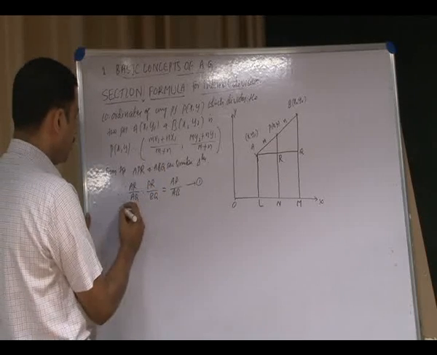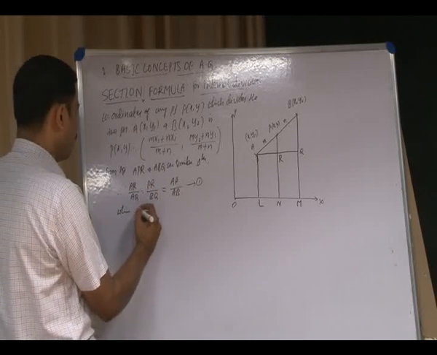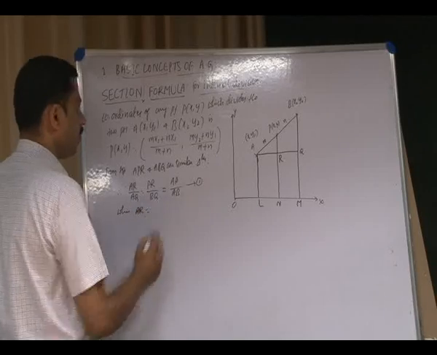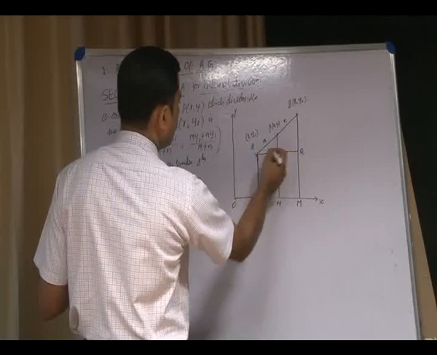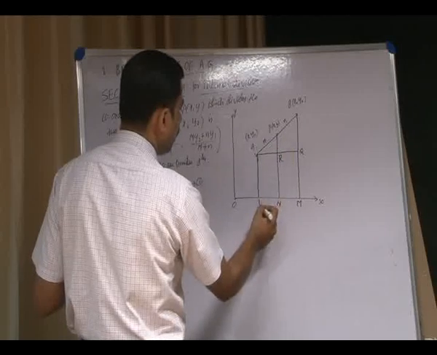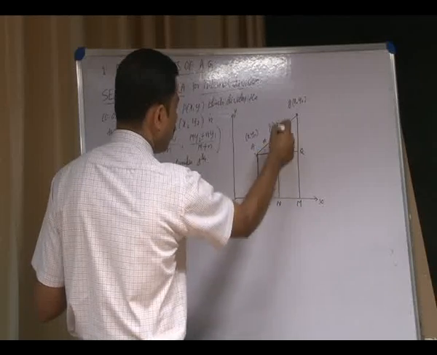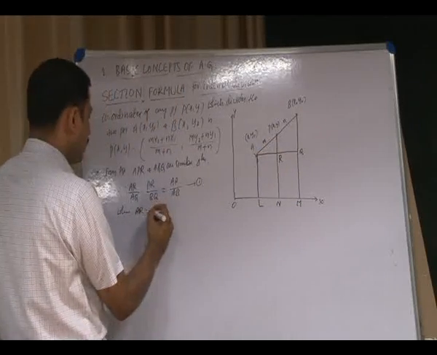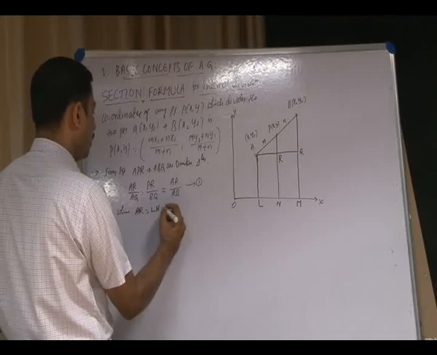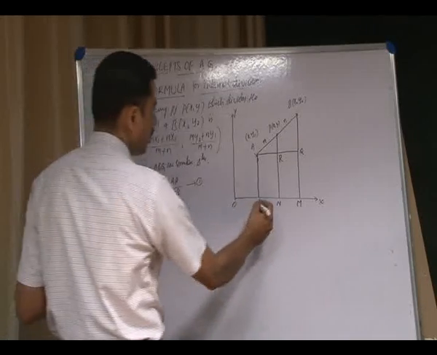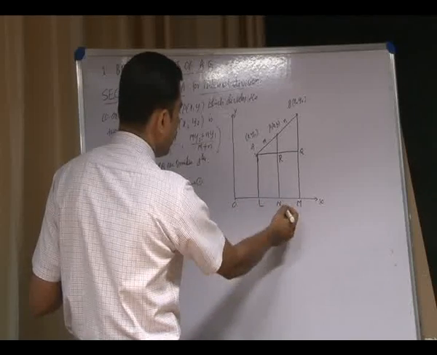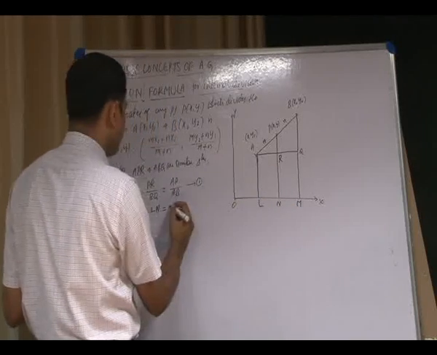From the figure it is clear that the distance AR is numerically equal to LM, since we have drawn perpendiculars. So AR is equal to LN, and LN can be written as ON minus OL.